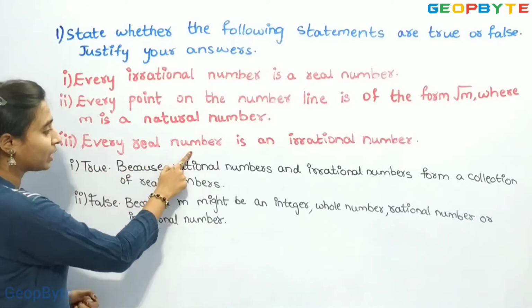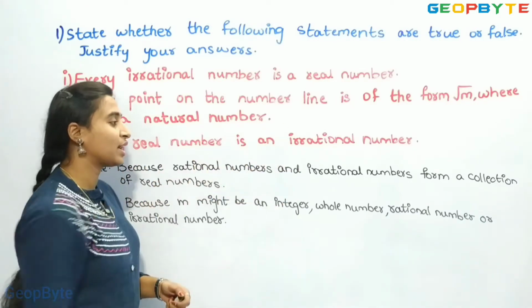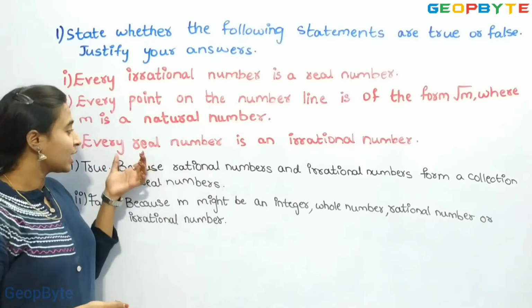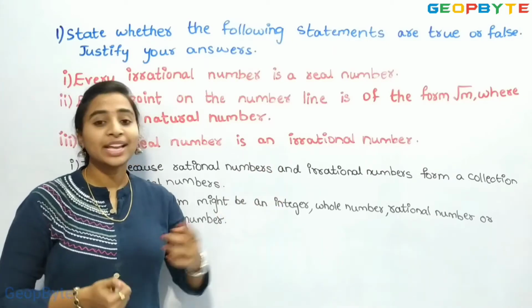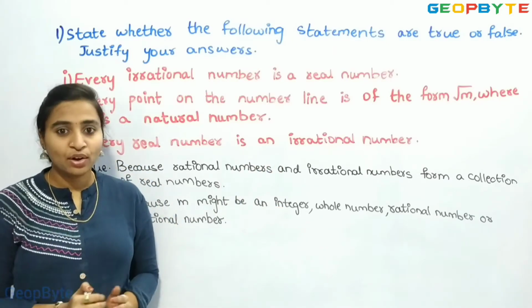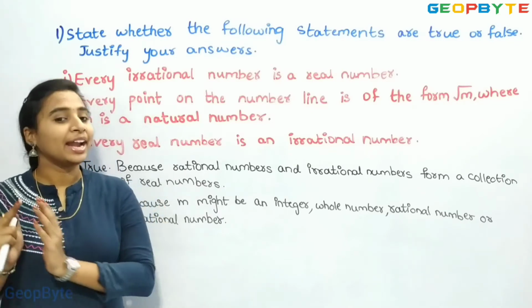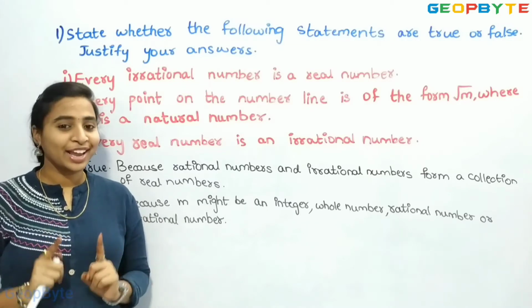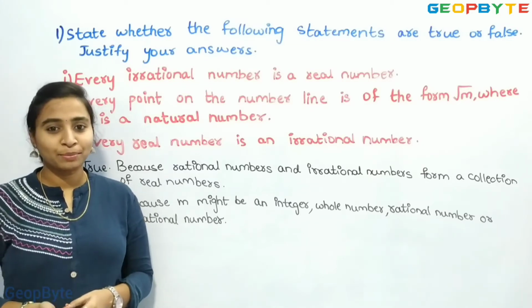Every real number is an irrational number. It is false because real numbers are not only irrational numbers. Real numbers are the collection of rational numbers and irrational numbers. So, every real number cannot be an irrational number.